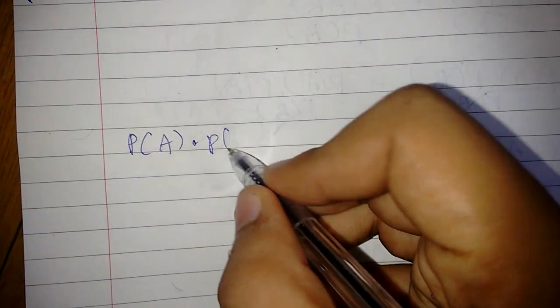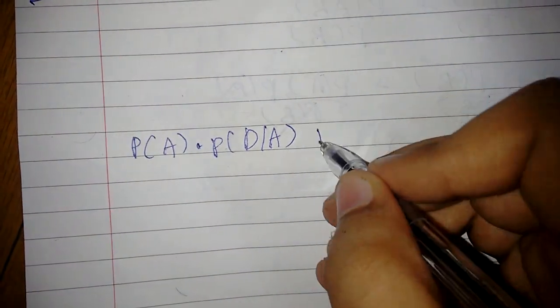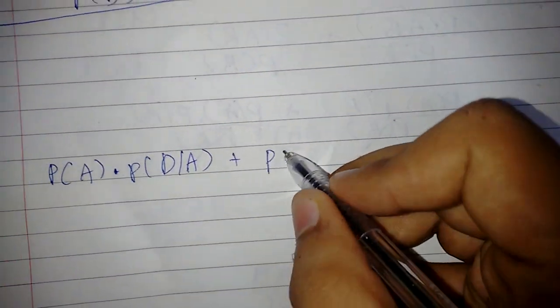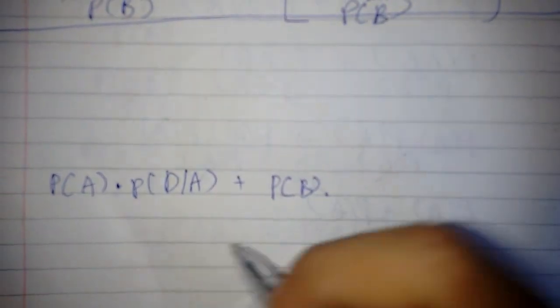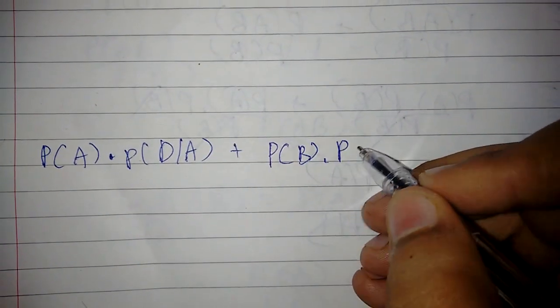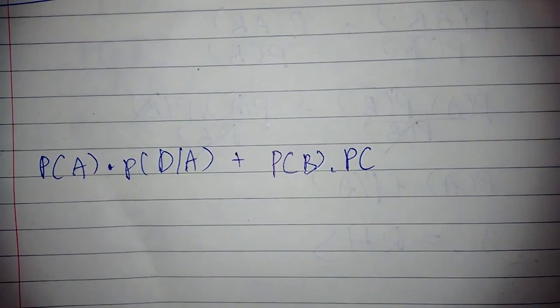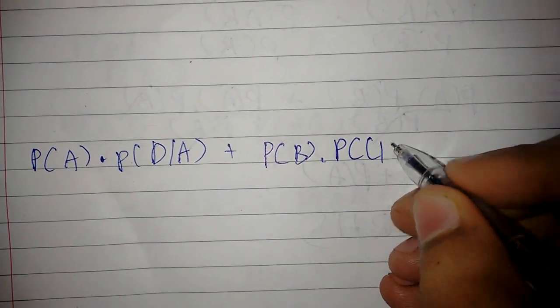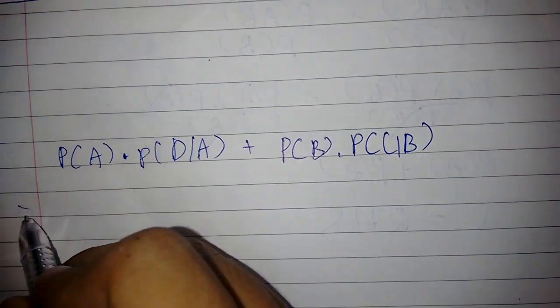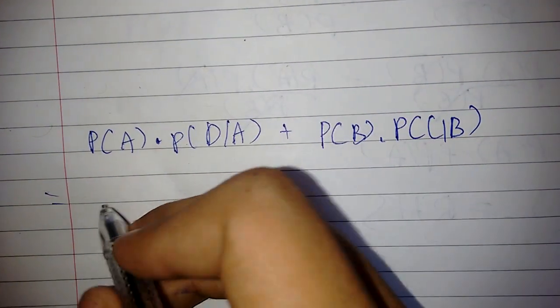So P of A into P of D given A. Similarly, when 1 is sent and 0 is received, so P of B into P of C given B.